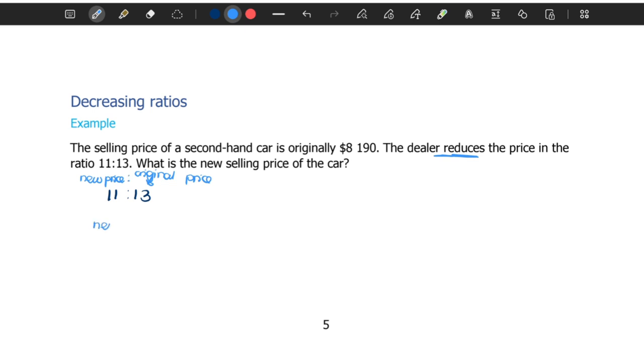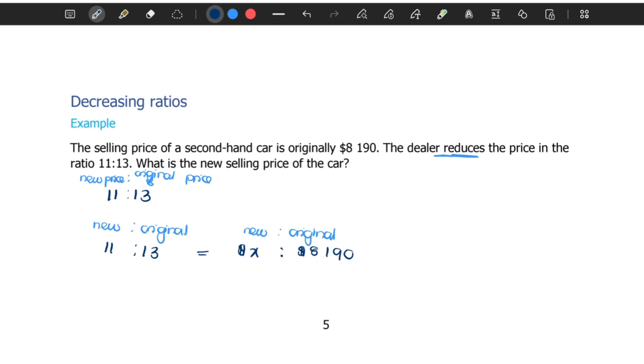So if new is to original is 11:13, in the same order of new is to original, we let the new price be X because we do not know what the new price is, and the original price was 8,190.